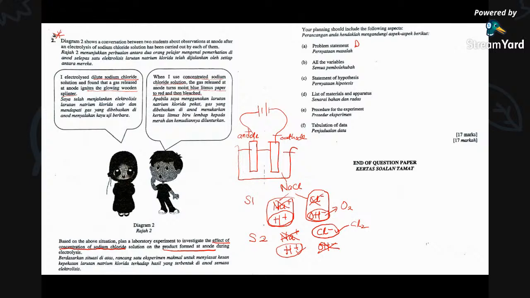So you can write down: does different concentration of sodium chloride solution affect the product at anode, specifically at the anode, and most importantly, put a question mark. Okay, done. Now move to the variables. Okay, so variables, manipulated variables.